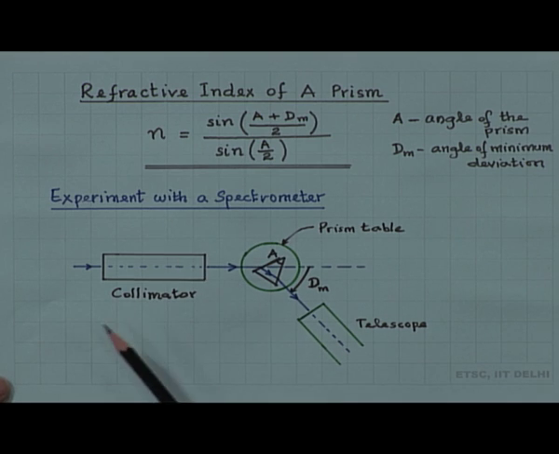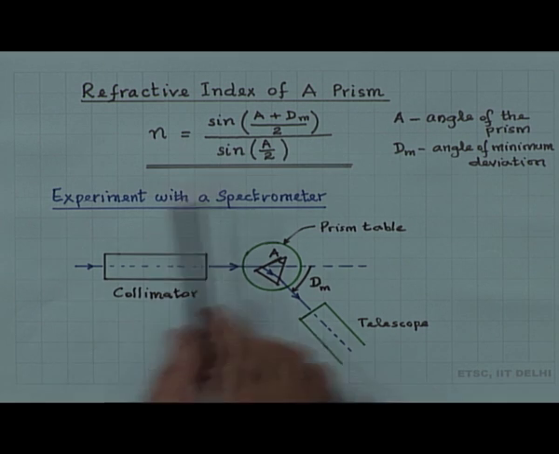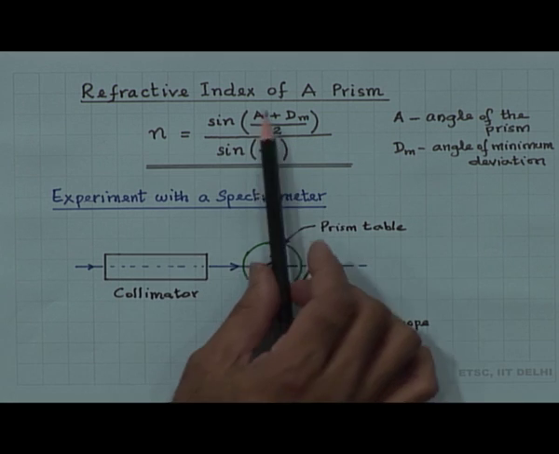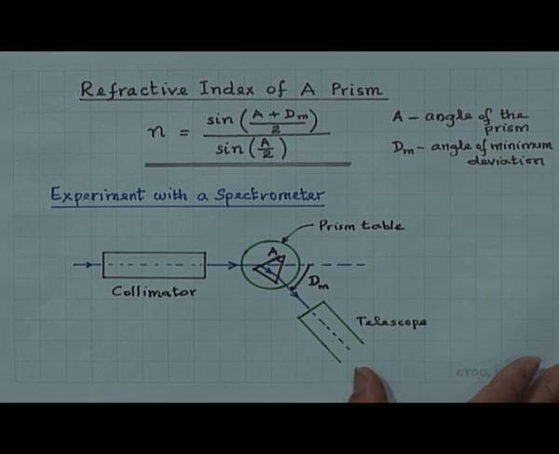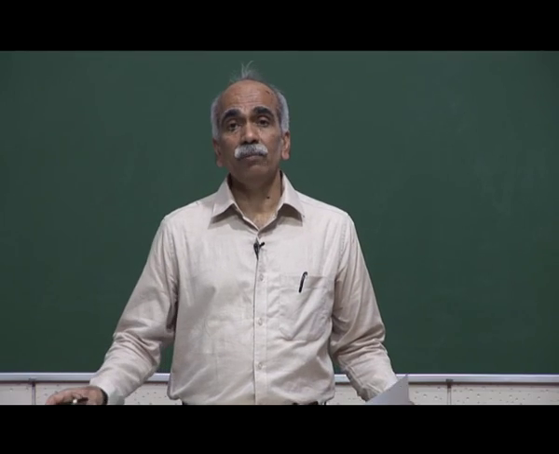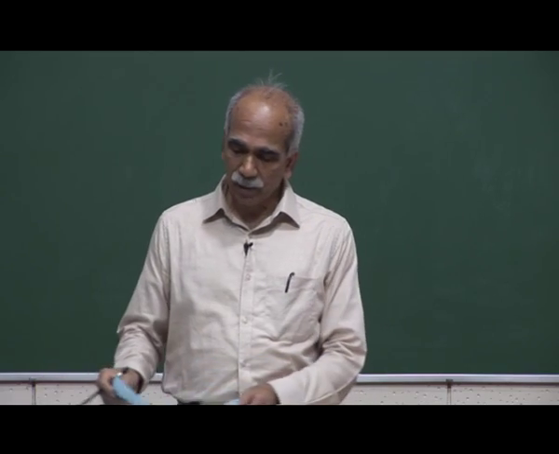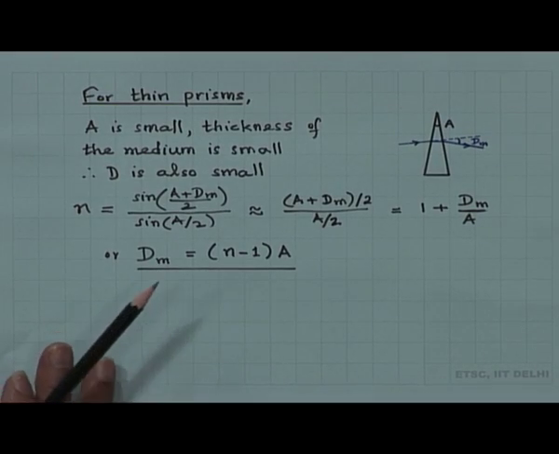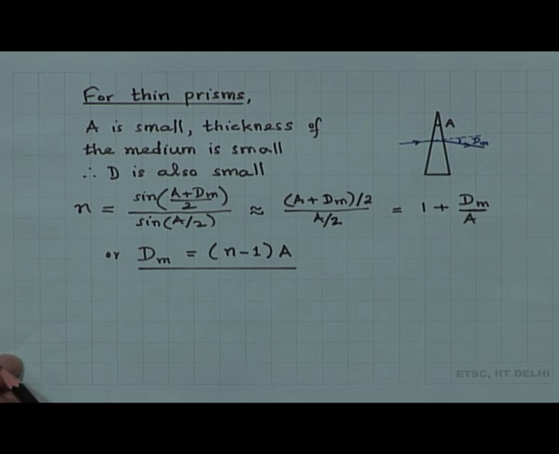So, this is the importance of this formula which we have derived, and there is no approximation involved. We have not made any approximations in deriving this formula. Now, this is for normal prisms, but for thin prisms the angle A is very small. Thin prism means the angle A is very small. I have shown here a thin prism.